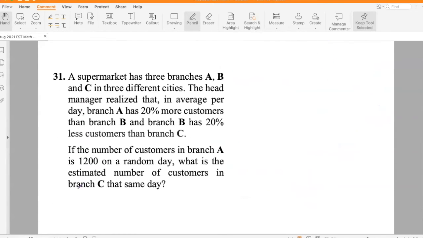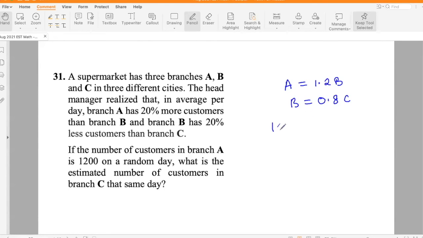Okay, a supermarket has 3 branches, A, B, and C in 3 different cities. The head manager realized that on average per day, branch A has 20% more customers than B. So branch A is 1.2 B and branch B has 20% fewer customers than C. So B is 0.8 C. The number of customers in branch A is 1200. What is the number of customers in C?